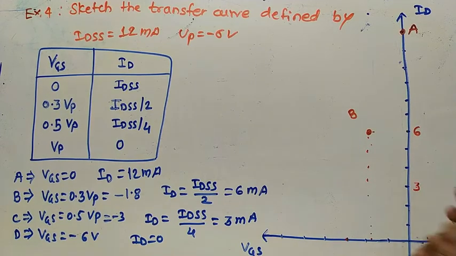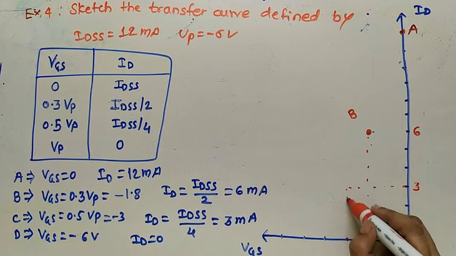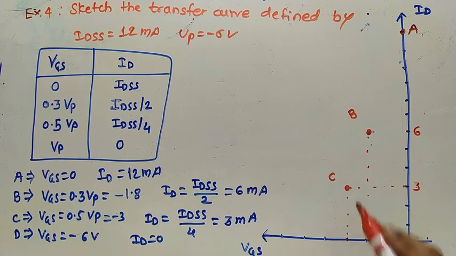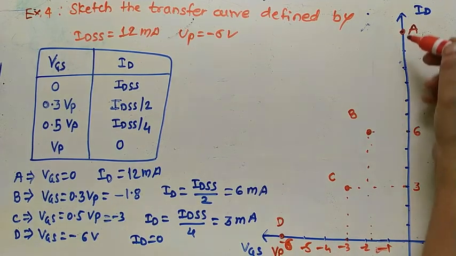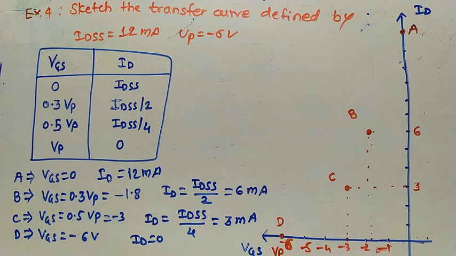This is our point C. Point D is when VGS is equal to minus 6, this point, and ID is 0, this point. So this is our D point where VGS is equal to Vp. So minus 1, minus 2, minus 3, minus 4, minus 5, and this is minus 6. Vp is given as minus 6.